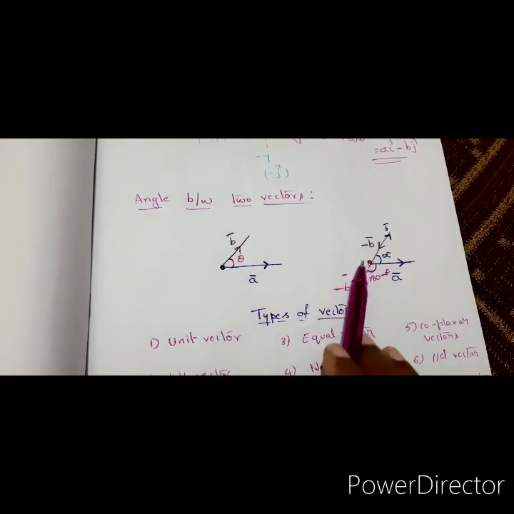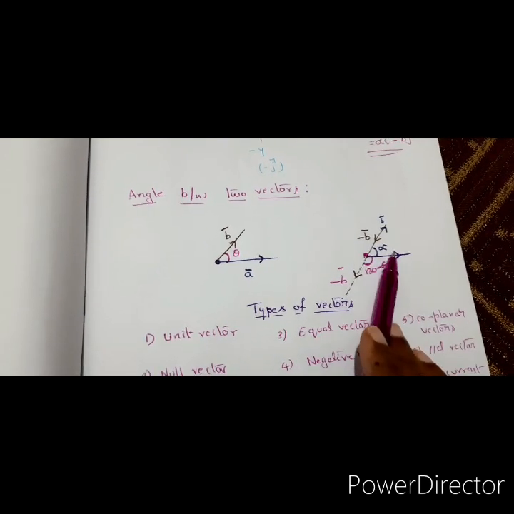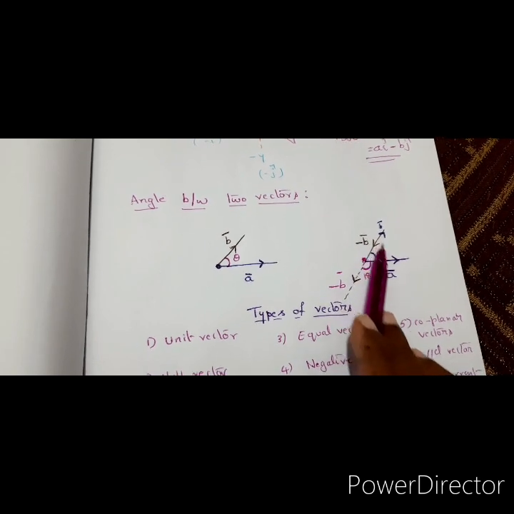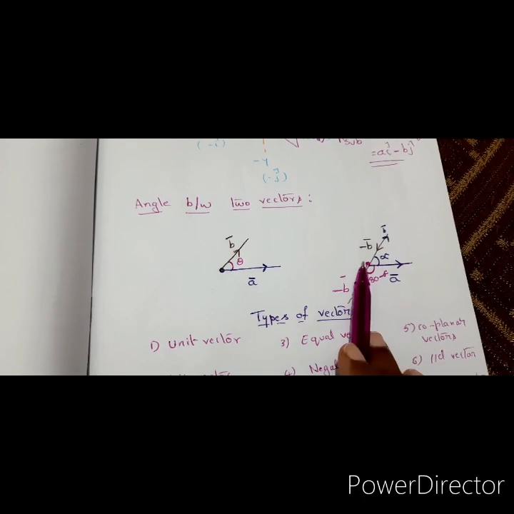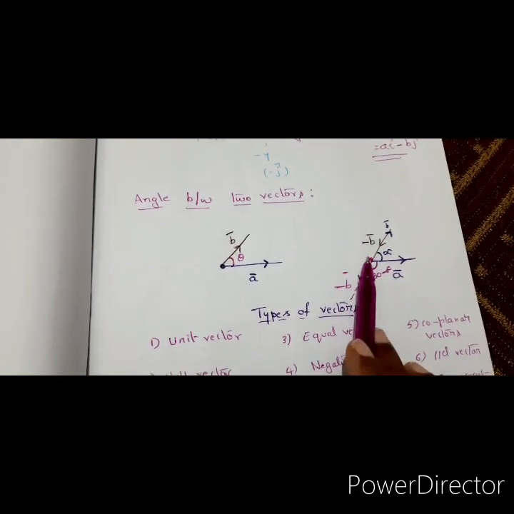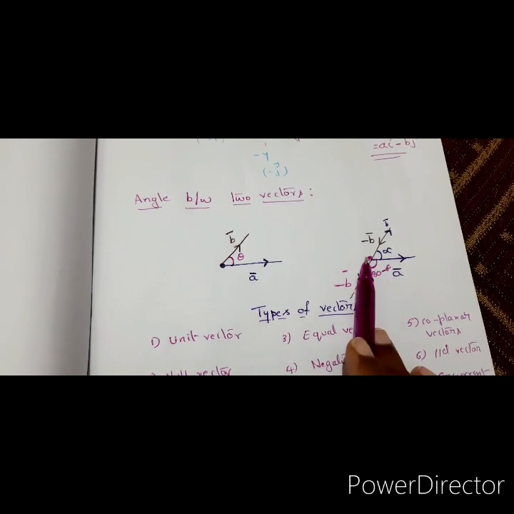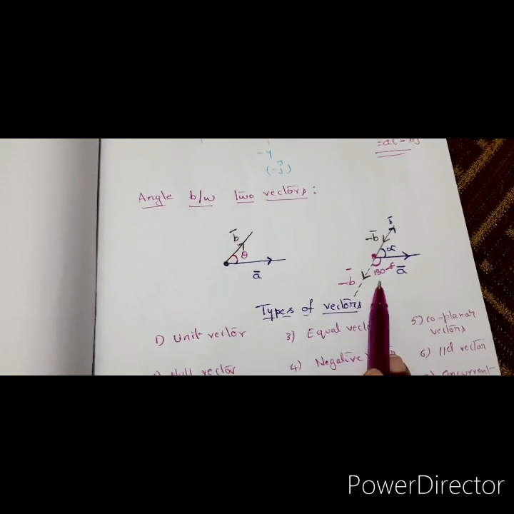You are not supposed to take it like this with minus B bar. If you join these two, this can't be the angle between A bar and minus B bar, because here this is towards and this direction is away from. This is the basic angle definition, the angle between two rays. The same is applicable here.